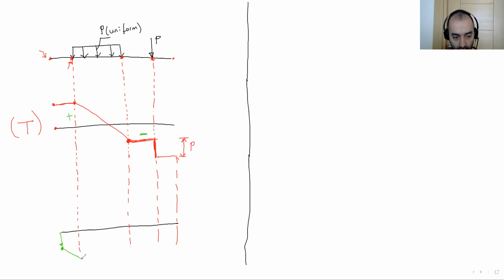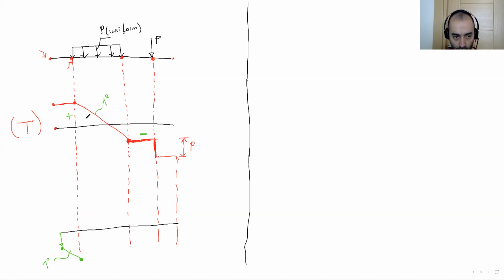This is linear, first degree. After this point, as you can see, I have a linear first degree line at the shear force diagram.